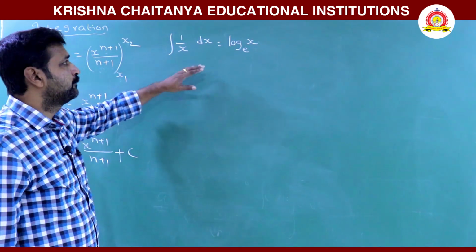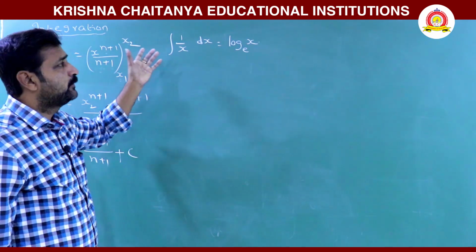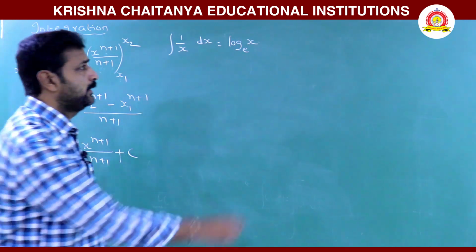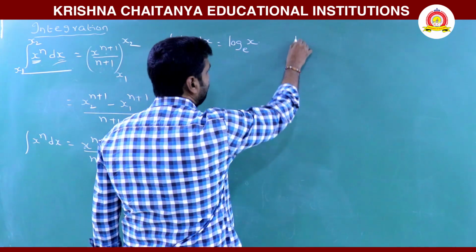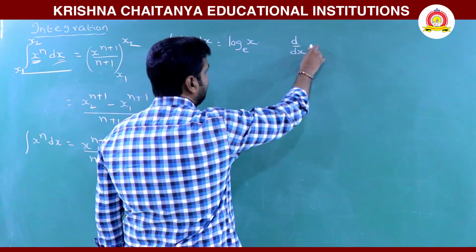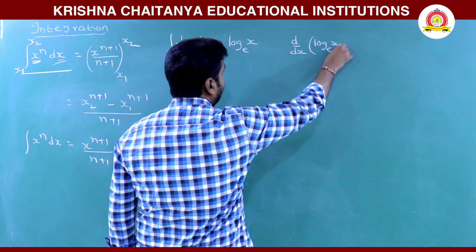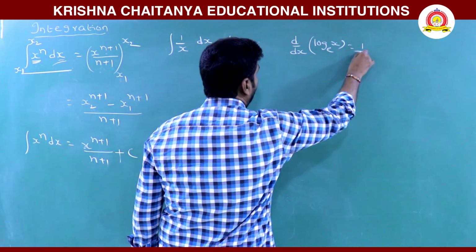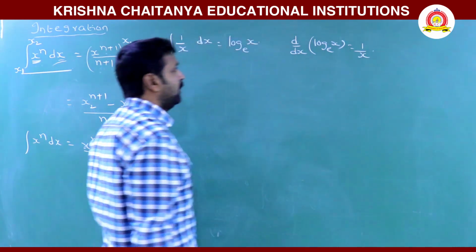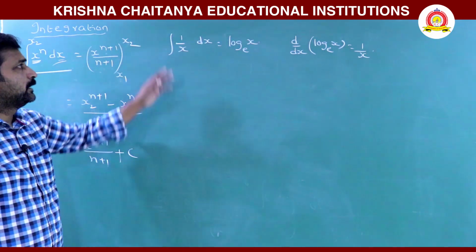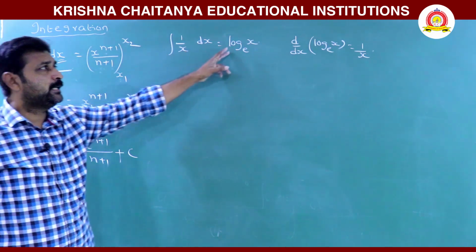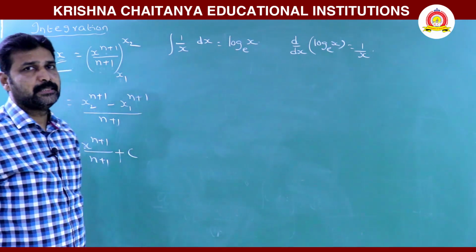Here this is the reverse. Here I am writing differentiation also for your convenience: d by dx of log x base e is equal to 1 by x. Now, if 1 by x is integrated, you will get log x.